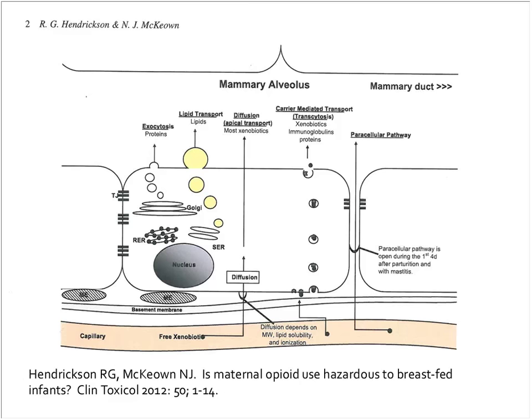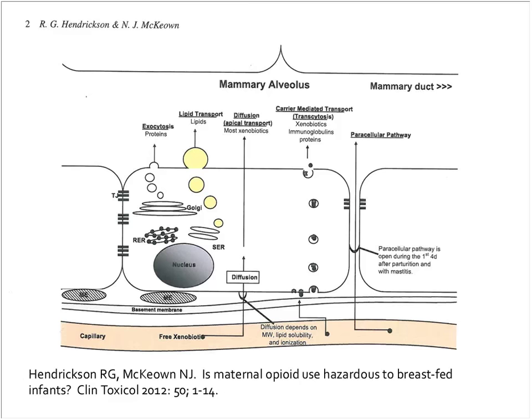In general, this can only happen at certain times. The breast has these cells that do not have a lot of tight junctions most of the time. But once breastfeeding is initiated postpartum, those tight junctions become very tight, and there's no pathway there anymore for any drug to travel out into the milk.